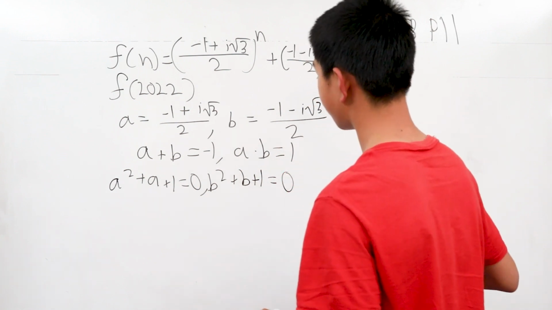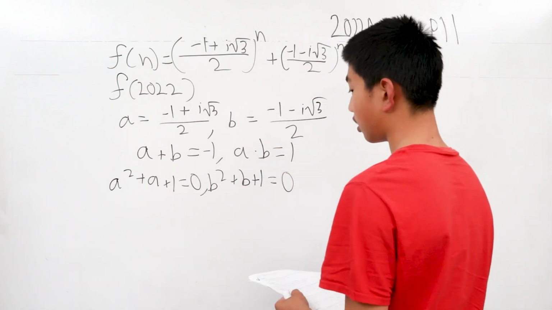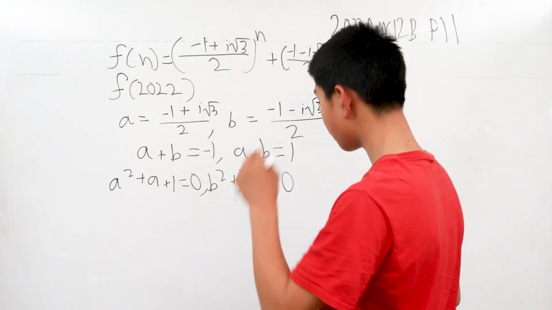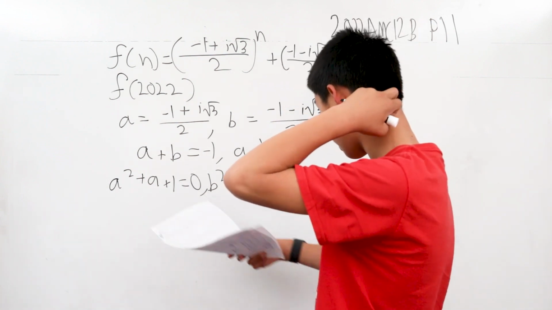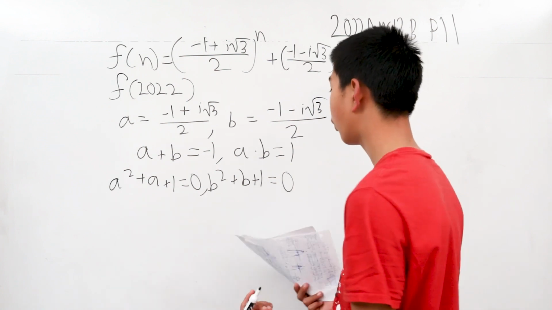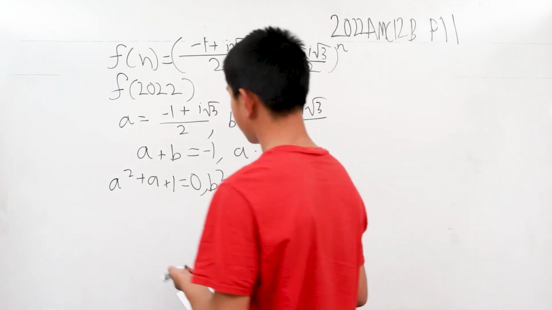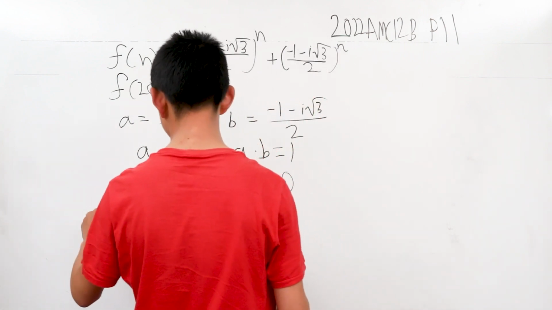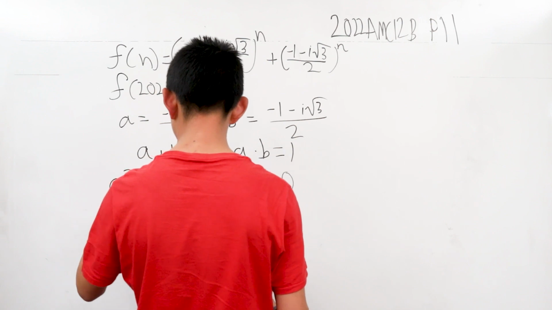Since we want a power of n, the starting power has to be n. So if we multiply both sides of both these equations by a to the power of n minus 2, we can raise all these powers to n.